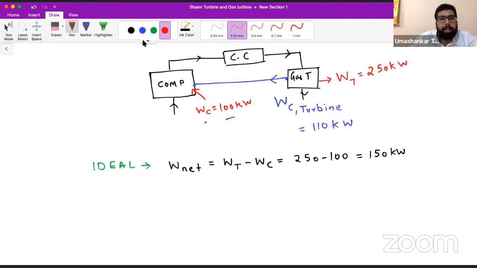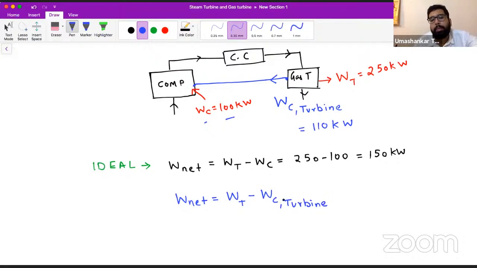But what happens in actual conditions? What net work will you get? In the turbine, you must subtract the work you are extracting for sending to the compressor. So I will call it WC turbine, and this will be 140 kilowatt.